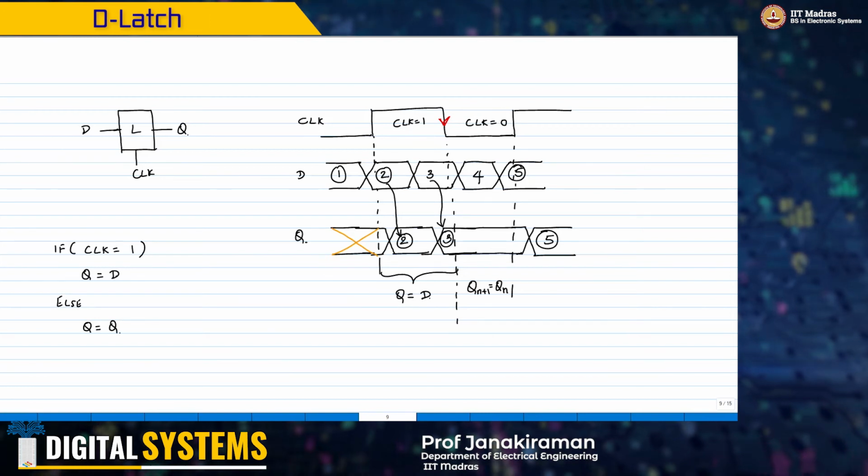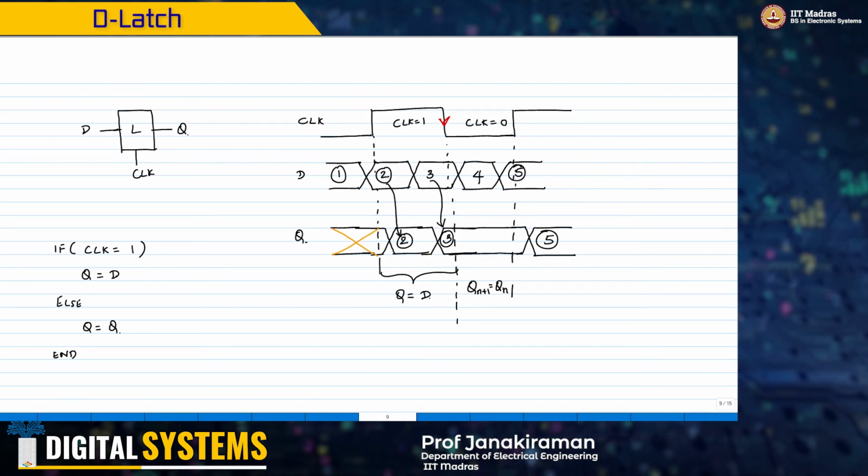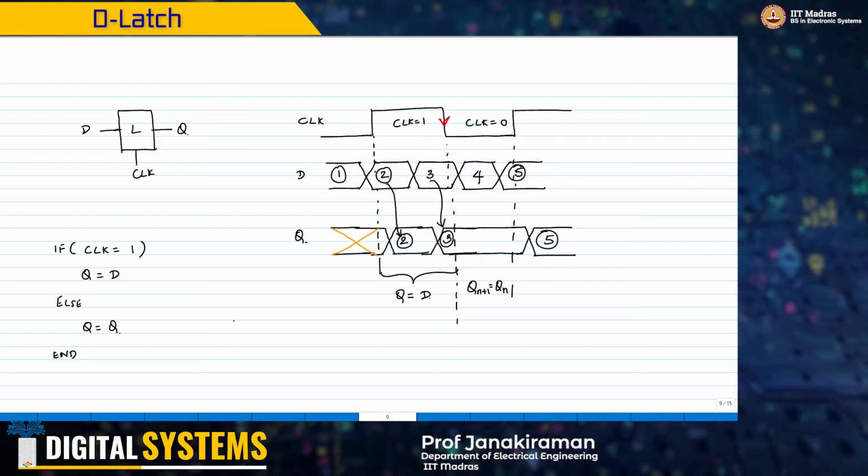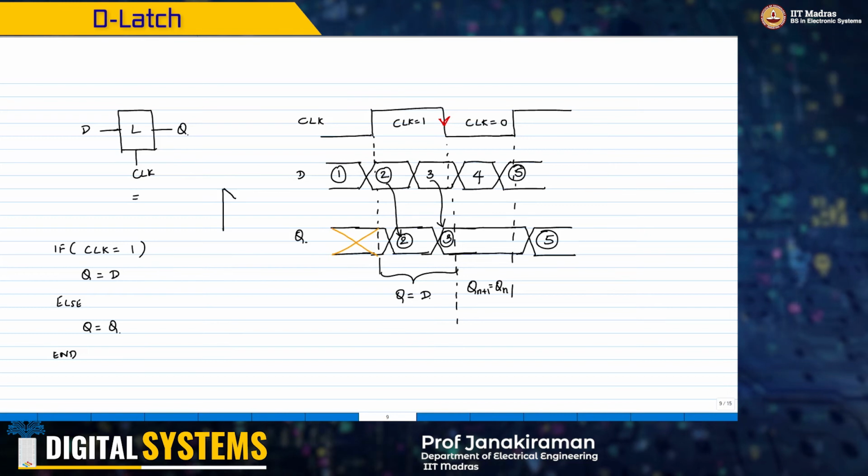We don't want it to do anything else. Now how do you implement this? If clock equal to 0 you want to do something, if clock equal to 1 you want to do something else, well, that is nothing but a multiplexer. So the simplest implementation of a latch is to implement it with a multiplexer like this.